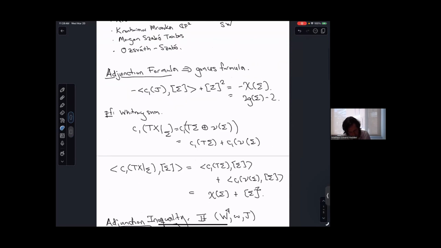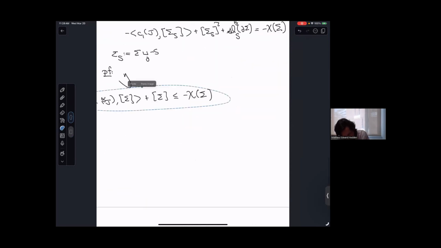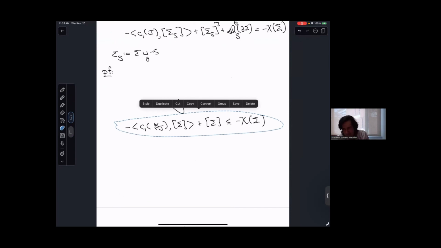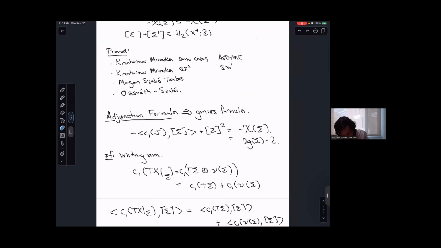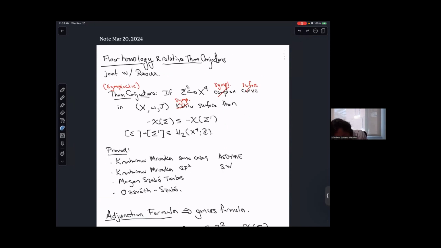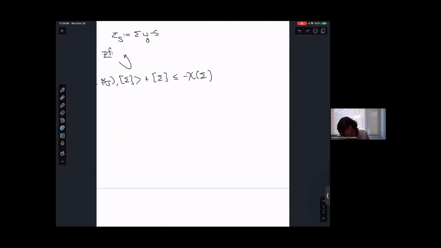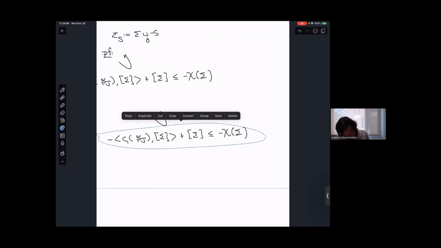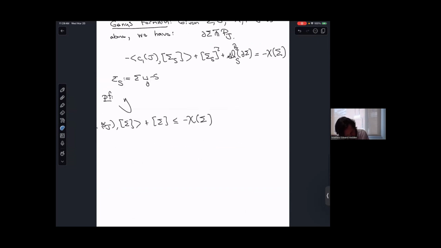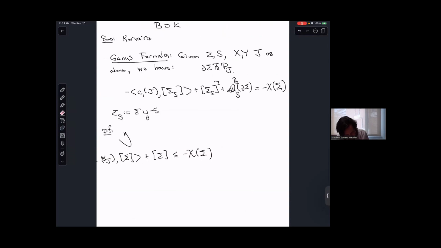Here is where I tried to do something that totally failed. I tried to save myself some time, and I practiced it once and it worked, so I thought it would work again. And it's not. Okay, great.